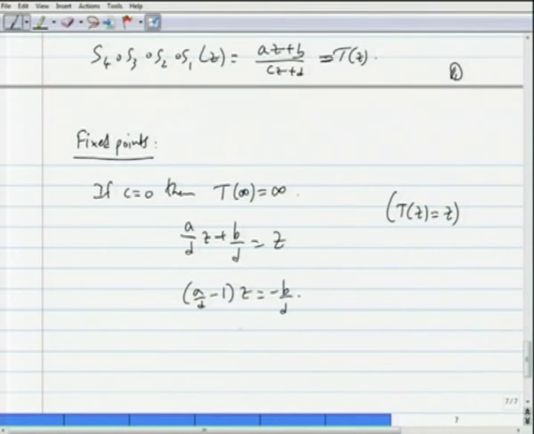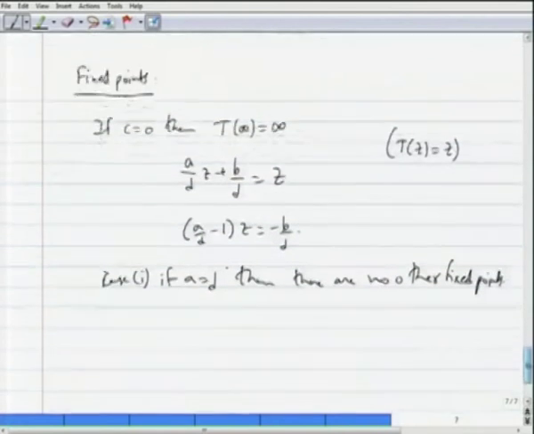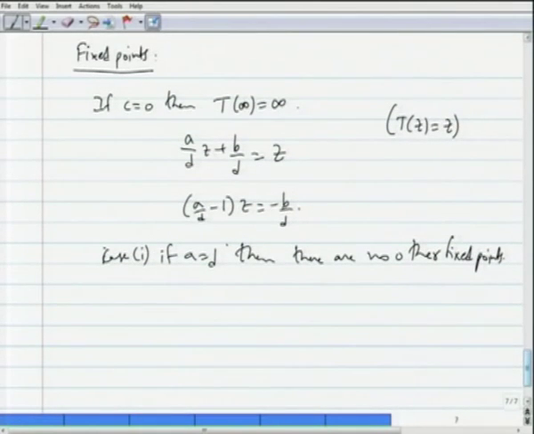Okay. So, now there are cases. Case 1, if a is equal to d, then you get 0 equals minus b. So, then there are no other fixed points. So, in the event that c is equal to 0 and if a equals d, then there are no other fixed points.